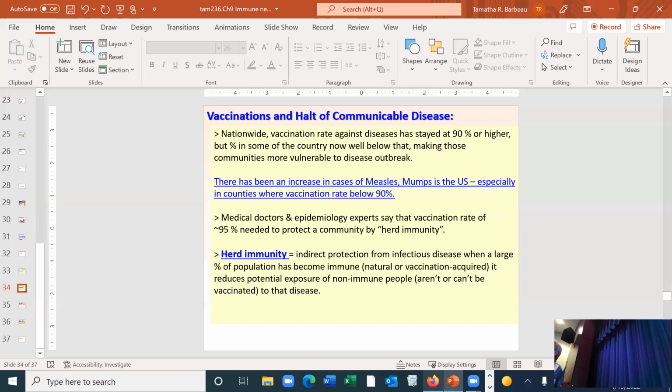A 50% compliance in vaccination is really mediocre, but we'll take that. Actually, we're looking at a 90+% vaccination rate to really provide herd immunity. That's kind of the goal, to have that high level. So 95% is what medical doctors, epidemiologists and virologists agree is a good vaccination percent for a community to protect that community.